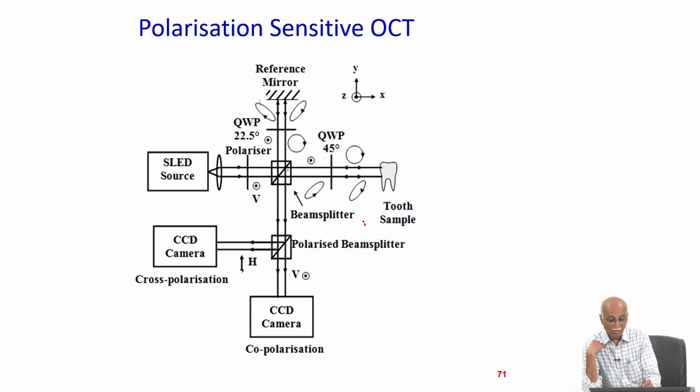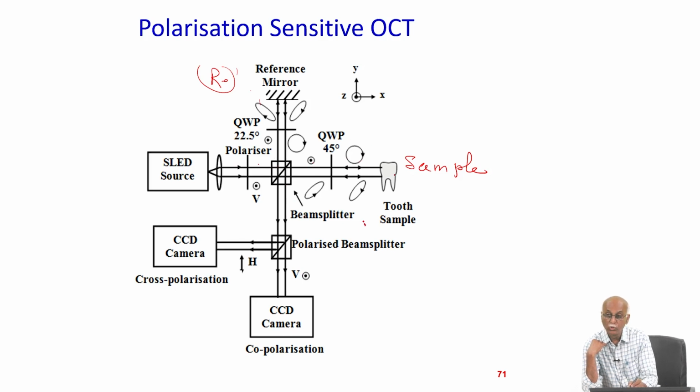However, on the sample side, this is the sample and this is the reference mirror. On the sample side we have kept a 45 degree orientation. So, vertically polarized light which is coming from this beam splitter will get converted into circularly polarized light.